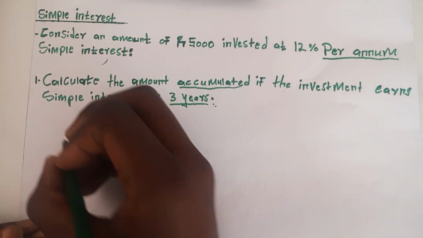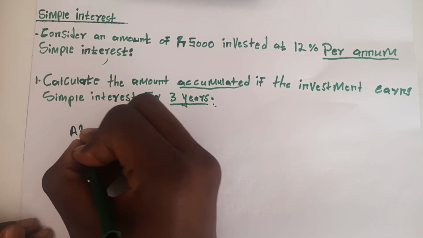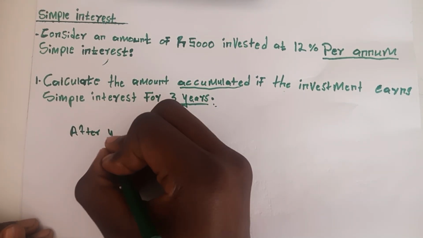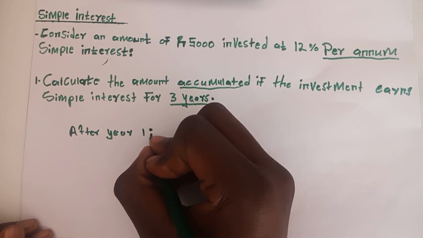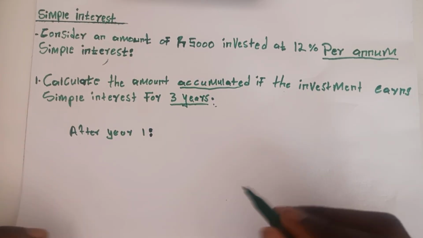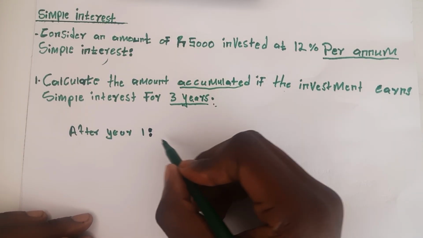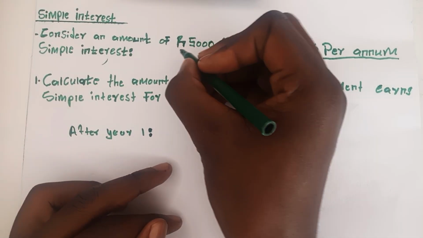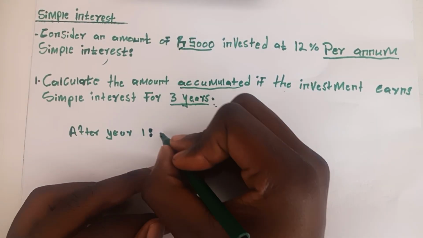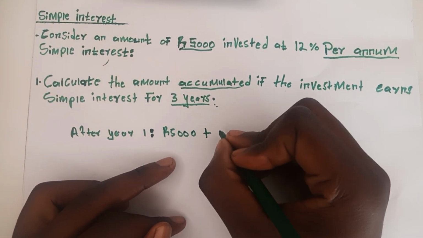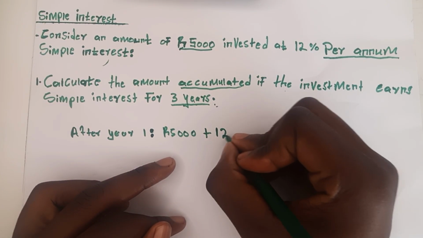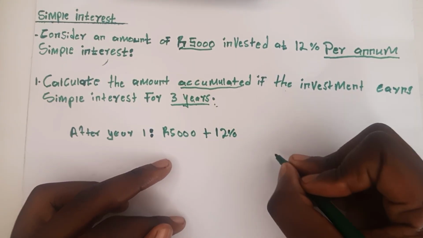After year one, here's how the financial institution is going to calculate your accumulated amount. They are going to take your 5,000 rand, plus 12% of that 5,000 rand.